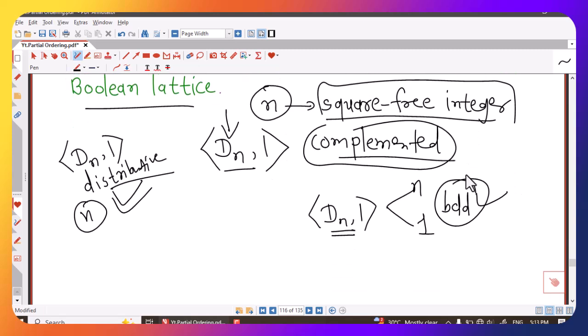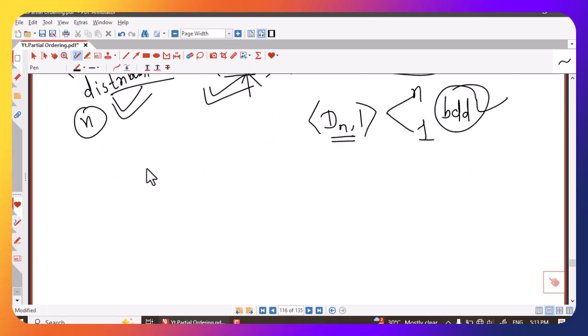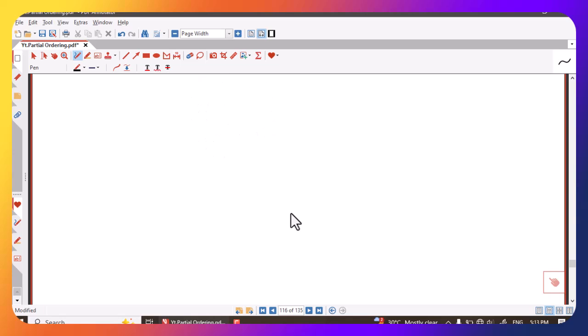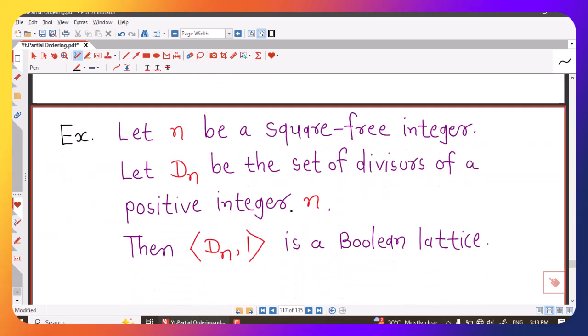So this lattice is a Boolean lattice if n is a square free integer, because for complementation we require that n is a square free integer. If n is a square free integer, then only this lattice is complemented. Therefore, this Dn with divides relation is a Boolean lattice if n is a square free integer. So this is a standard example of a Boolean lattice.